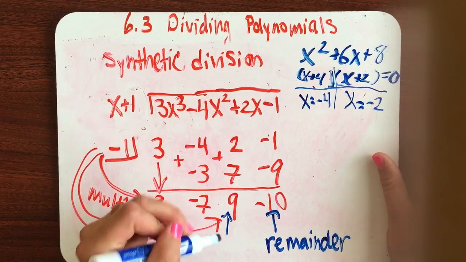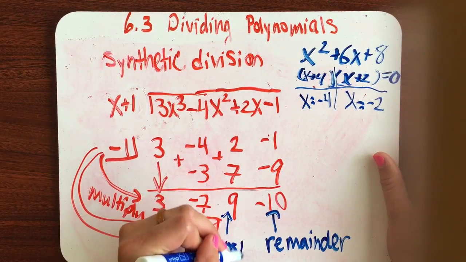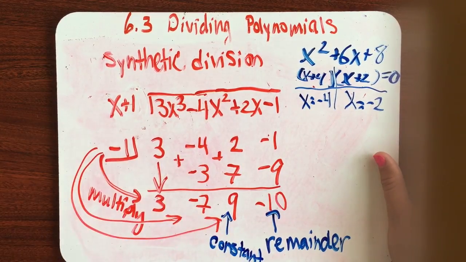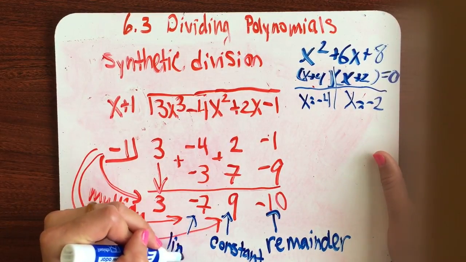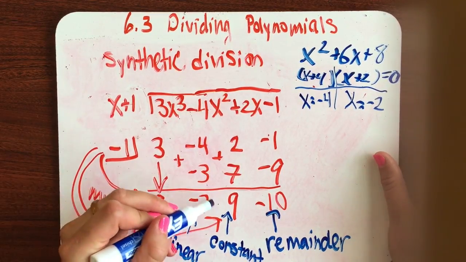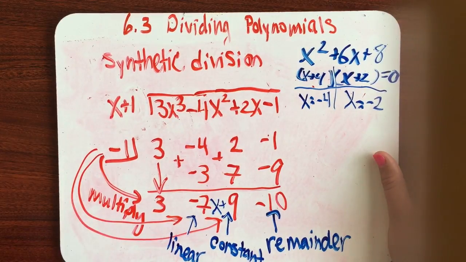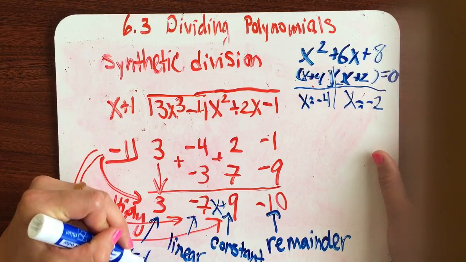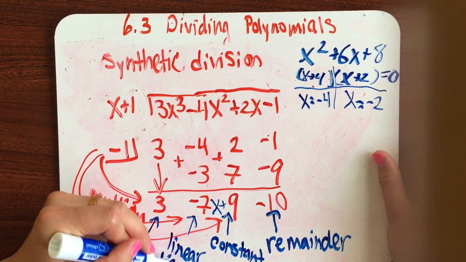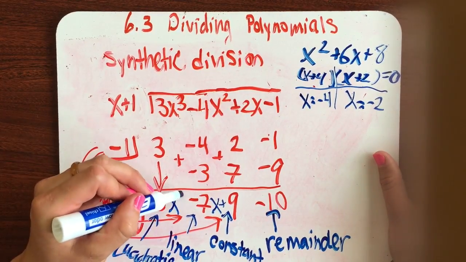The next number is always your constant term, meaning there's no variable with that. Your next number is always your linear term, meaning you have an x with that. And then your next term is your quadratic. Your quadratic term always has x squared with it.